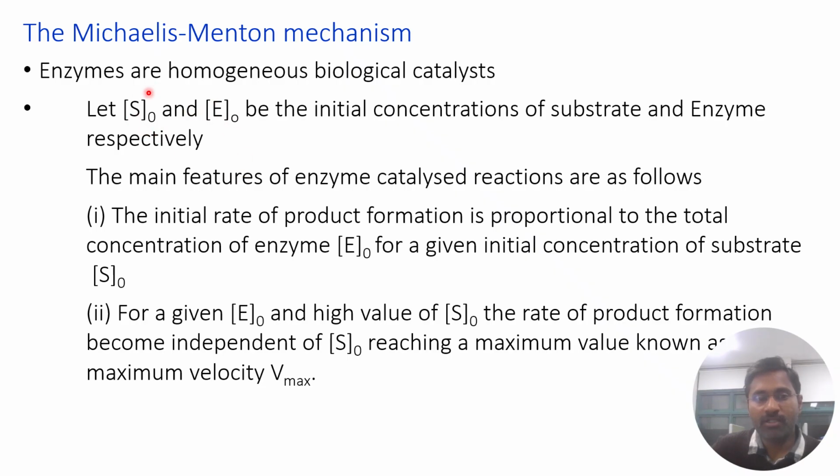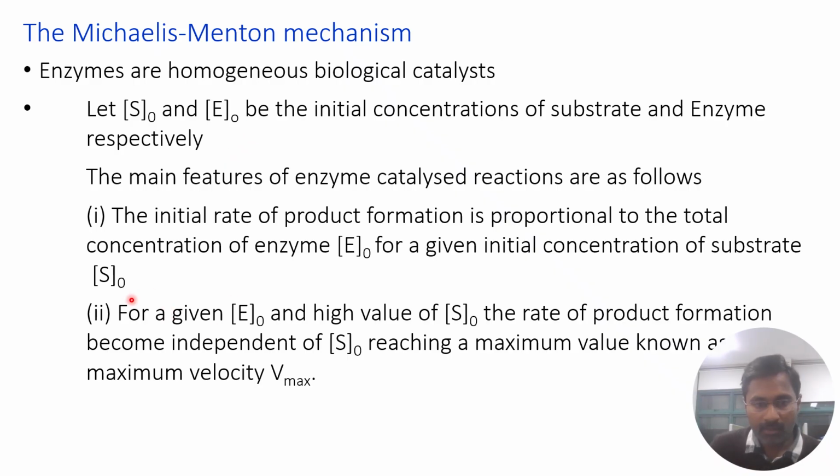When these two combine, they form the enzyme substrate complex. After any point of time in the reaction, the concentration of substrate is written as S without any subscript, and the enzyme concentration is written as E without subscript 0. That indicates the concentration of substrate and enzyme after a certain point of the reaction.